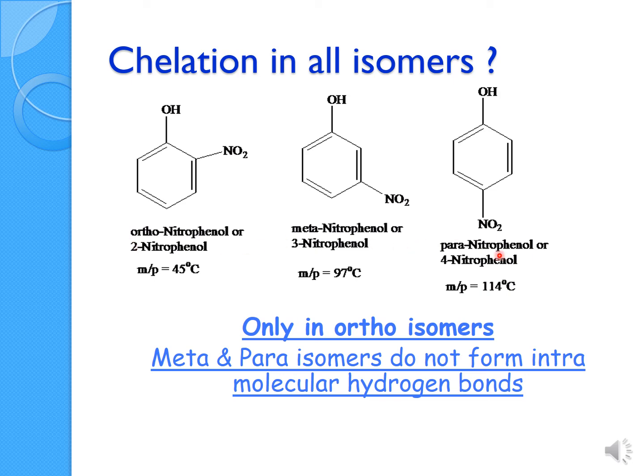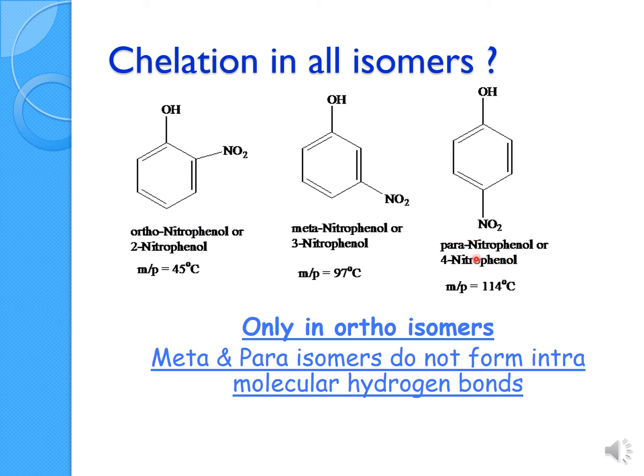In meta and para isomers, the OH side group and NO2 side group are farther away from each other. They are at maximum distance apart in the case of paranitrophenol, and therefore the electrostatic force of attraction cannot form. So it cannot form intramolecular hydrogen bonding. But meta and para isomers can form intermolecular hydrogen bonding.